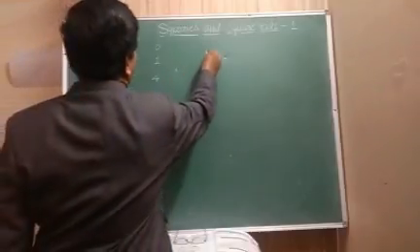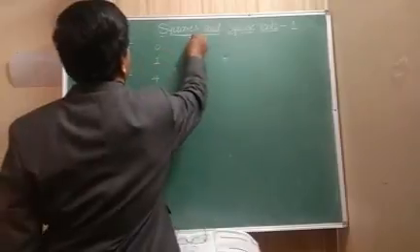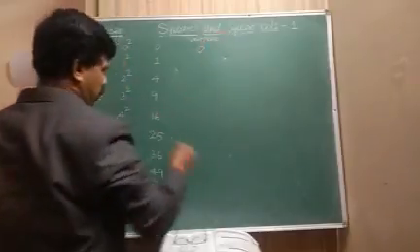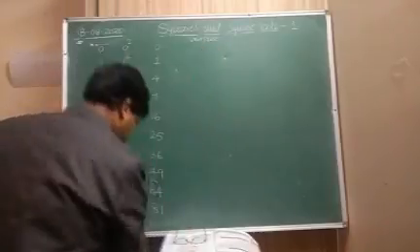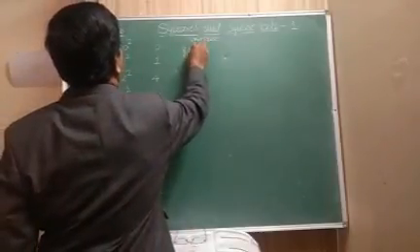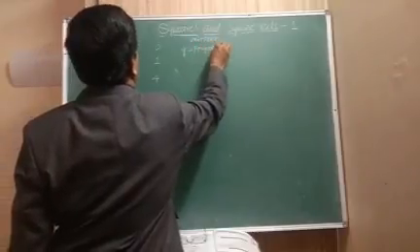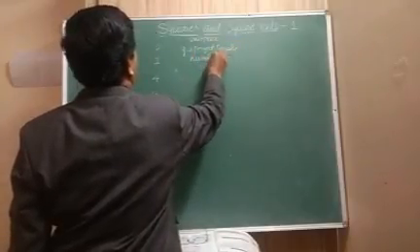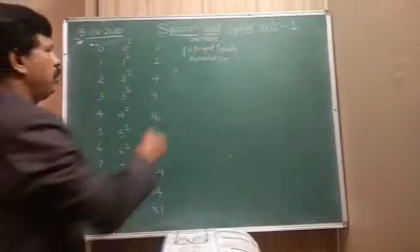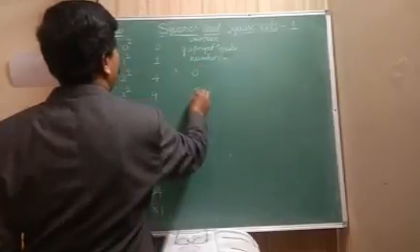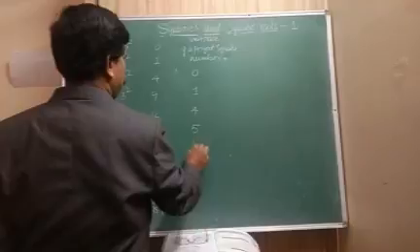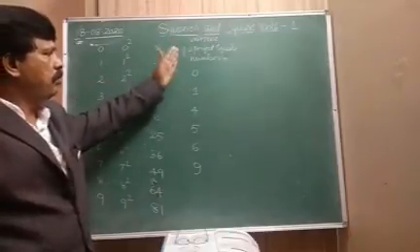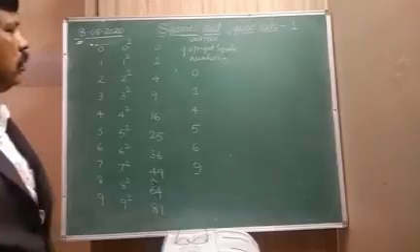The unit place of a perfect square number is 0, 1, 4, 5, 6, 9.